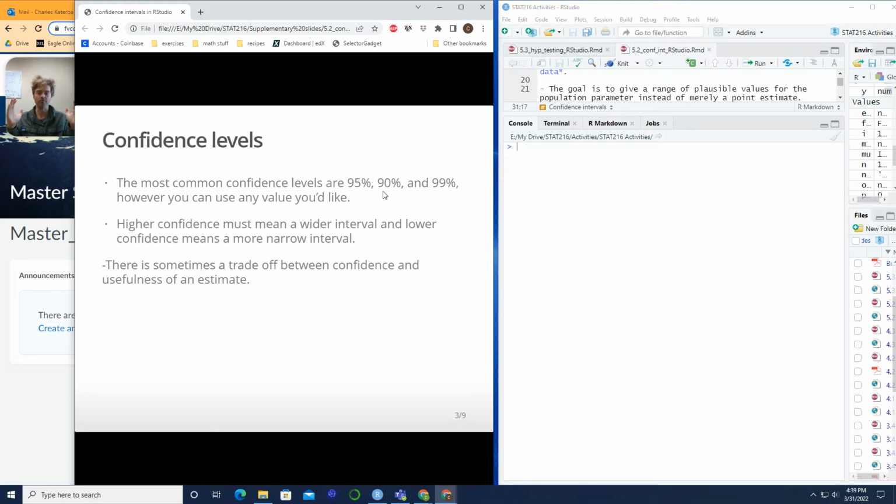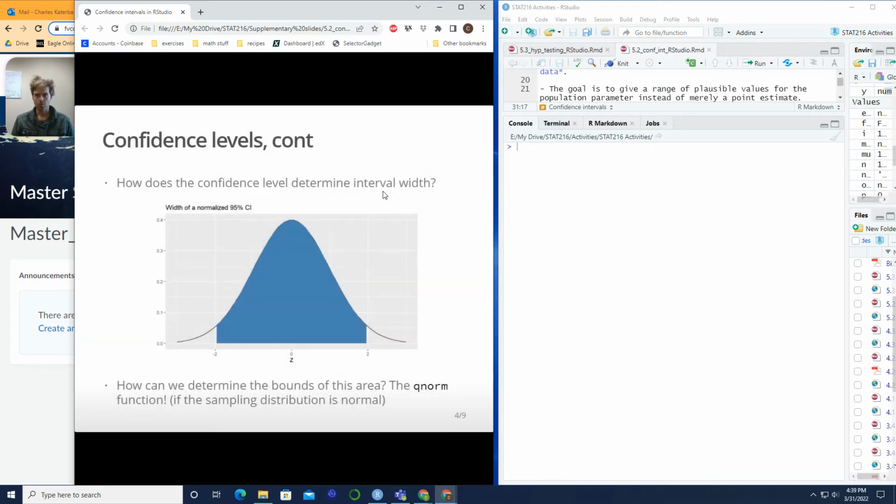We need to encapsulate more values to be more confident in capturing that parameter. So a higher confidence level means that our confidence interval must get wider. And there's going to be a trade-off between a confidence level and a useful estimate. If your interval is too wide, you can provide a useless range of values. And there are some funny cartoons based on that in the book and elsewhere on the internet.